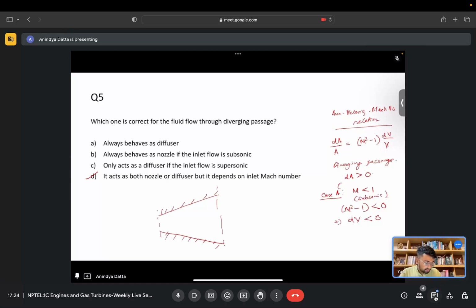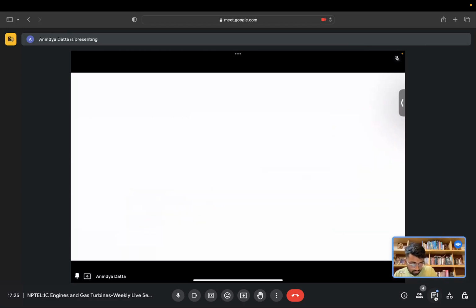So when we have a subsonic inflow, a diverging passage will act as a subsonic diffuser.